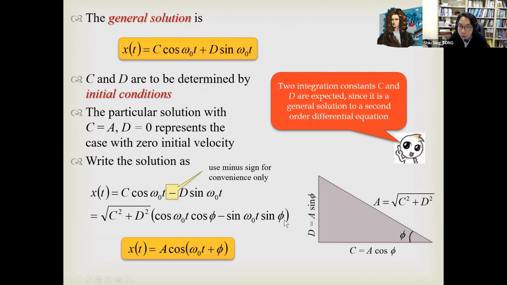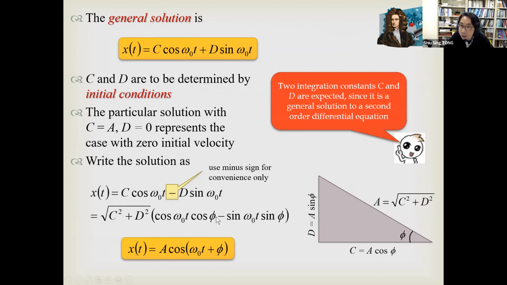The square root of C squared plus D squared is just A. So now having expressed C and D in terms of A and phi, we find such a combination. The combination is cosine omega naught t multiplied by cosine phi minus sine omega naught t multiplied by sine phi.